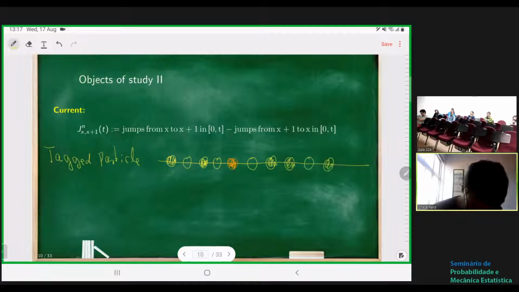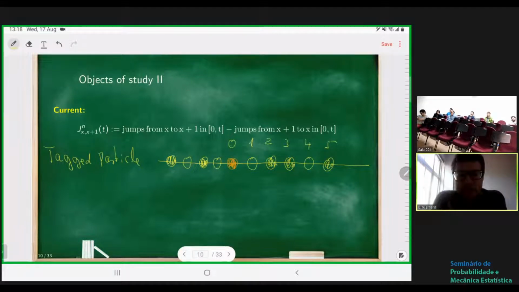So this is site 0, site 1, 2, 3, 4, 5, and so on. And this orange particle is what we call the tagged particle. And what you would like now to understand is its evolution. So does it behave diffusively, subdiffusively, superdiffusively? And that's a very popular object to study.